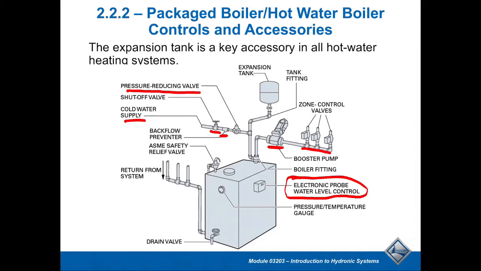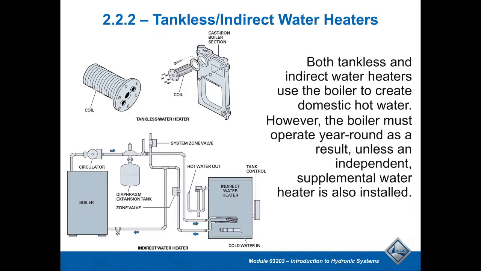So if it picks up air or it doesn't have water in the boiler, it'll stop the boiler from firing. That would be a typical way that might be done, but it's very significant and needed on those types of applications.